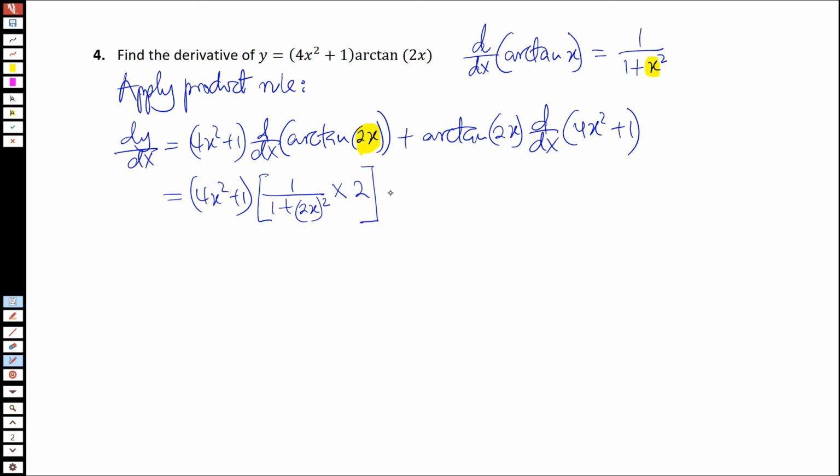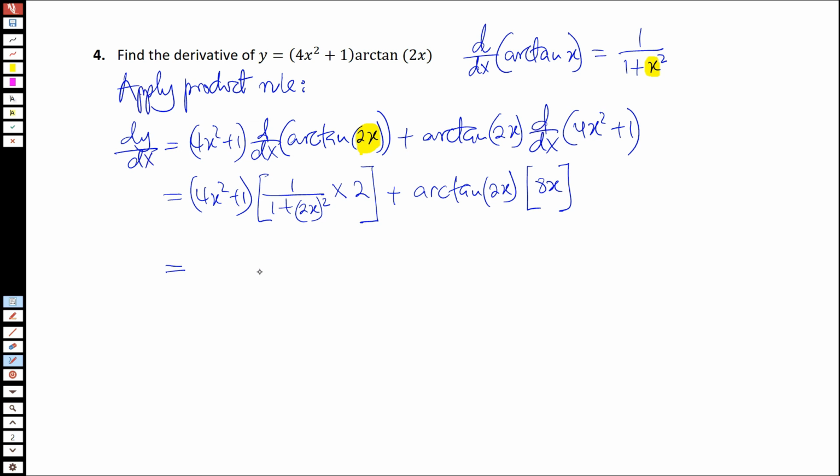Then for the other part, we'll have arctan 2x multiplied by the derivative of 4x squared, which will just be 8x. Then we can put the results together.